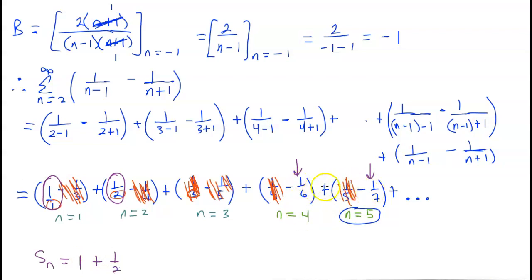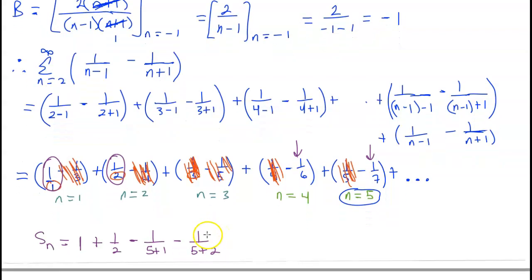And for these two, remember that n is 5. Okay? So according to n being 5, 6 is 1 more than 5. So if I wanted to rewrite this, it could be 5 plus 1. And then I could do minus. And of course, 7 is 2 more than 5. Okay?